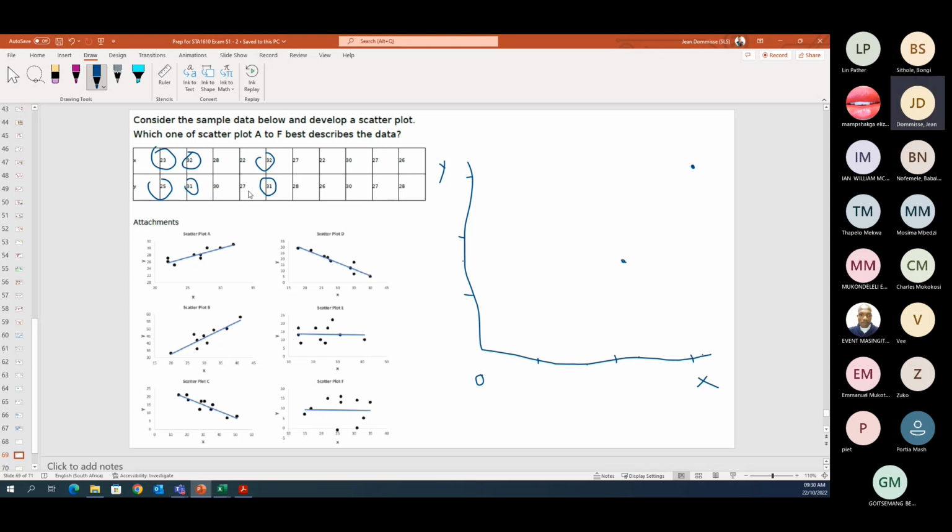So here they told us that there's a X that is 40. Let's just go through. There's no X that is 40, so it's not that one. Here again, X that is 40. I don't see a X that is 40, so it's not that one.